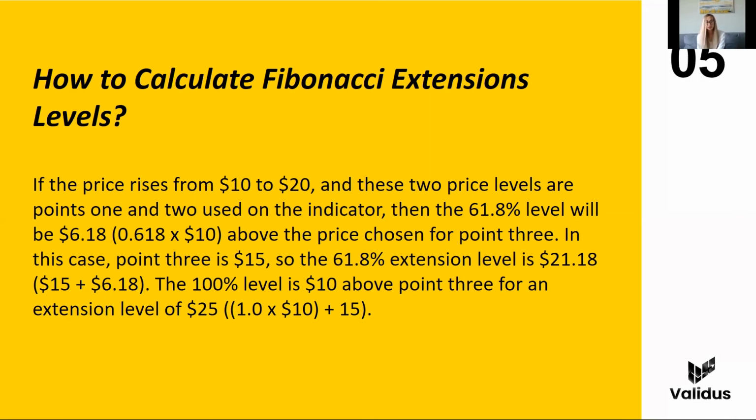The ratios themselves are based on something called the golden ratio. To learn about this ratio, we need to start a sequence of numbers with 0 and 1, and then add the prior two numbers to end up with a number string similar to this: 0, 1, 1, 2, 3, 5, 8, 13, 21, 34, etc. The Fibonacci extension levels are derived from the number string, excluding the first few numbers.